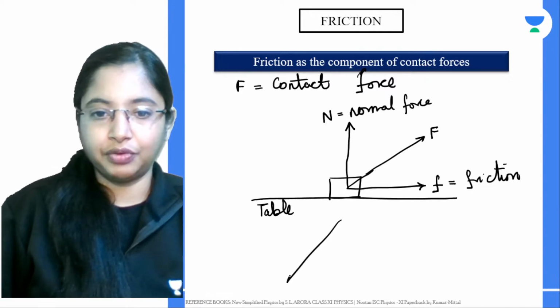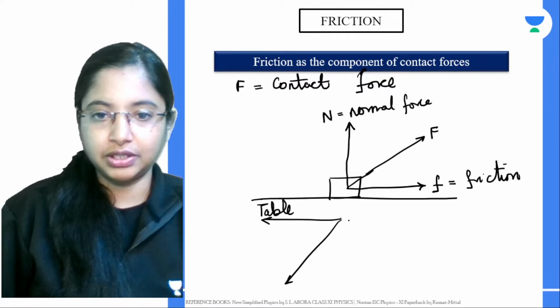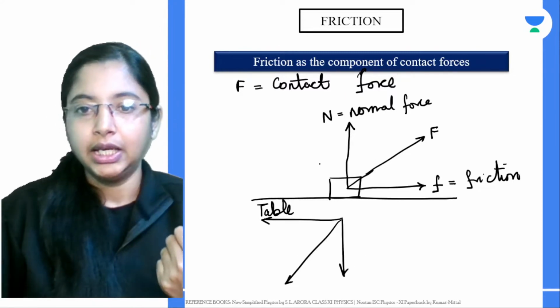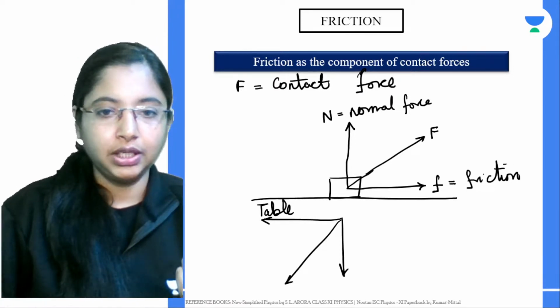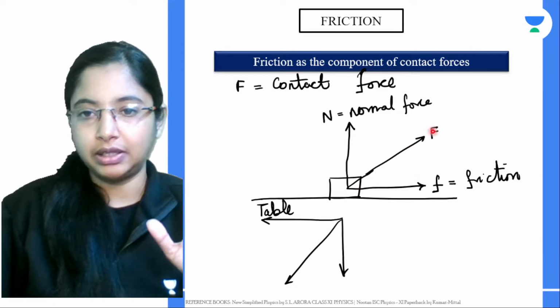In this case, if the force is in this direction, then again you will have the frictional force in this direction and the normal contact force in this direction, and the resultant if it is the opposite. Now this is from the parallelogram law of vectors. Take the shape as a parallelogram.